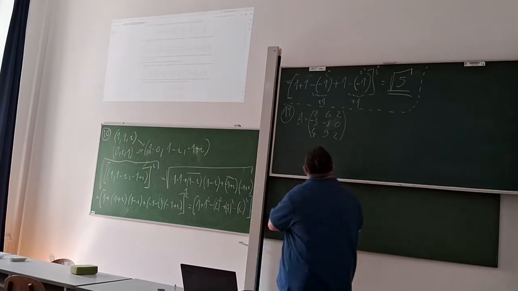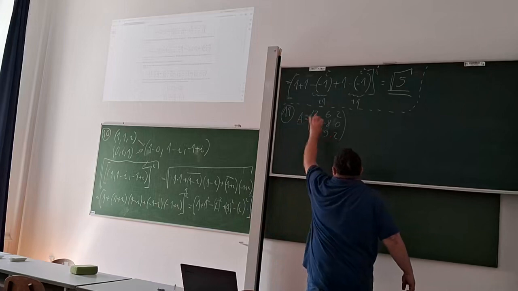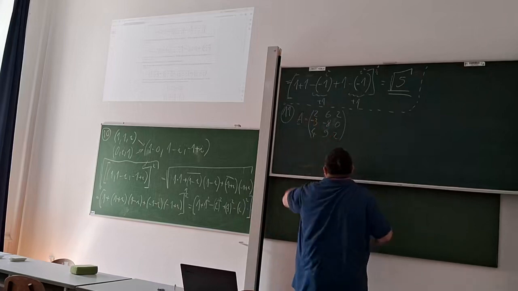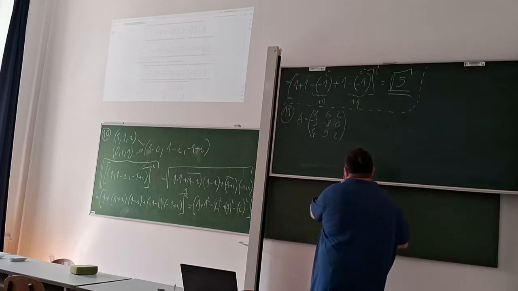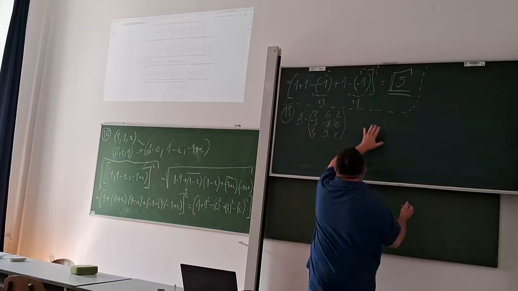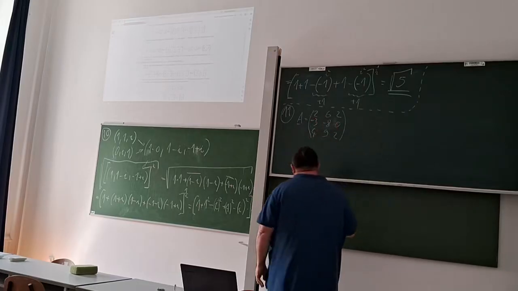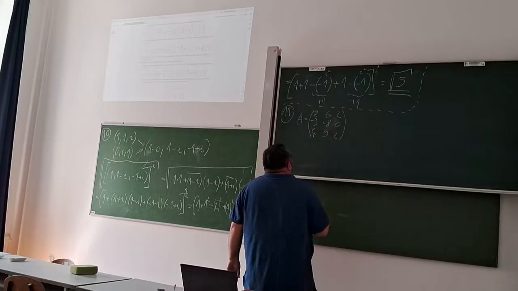We have to eliminate all the zeros below the main diagonal, and that will result in one upper triangular and one lower triangular matrix.